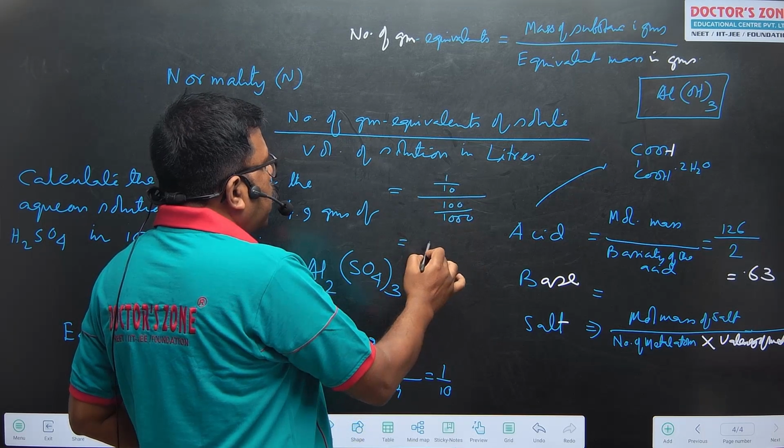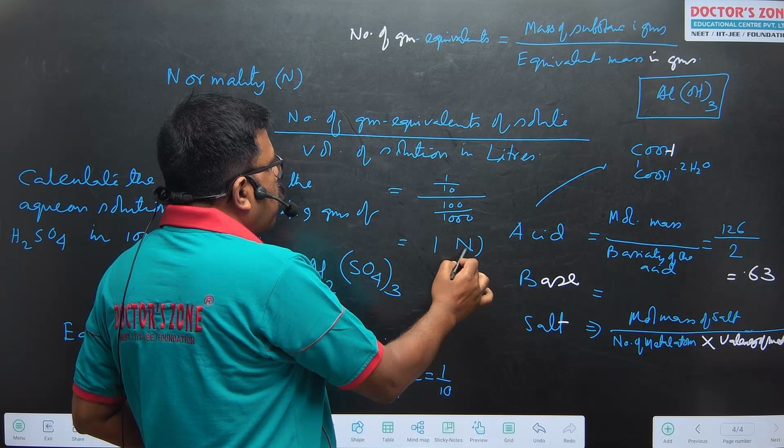So 1/10 divided by 1/10, it will be 1 normal.